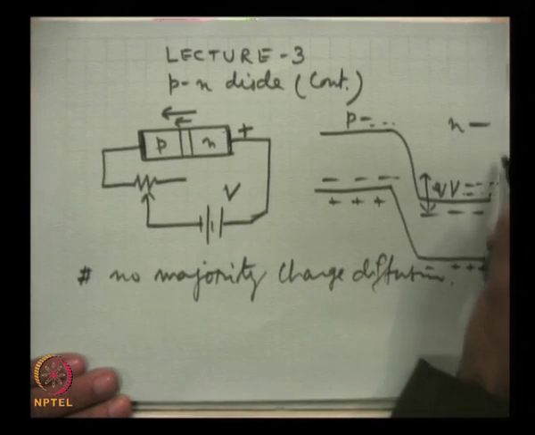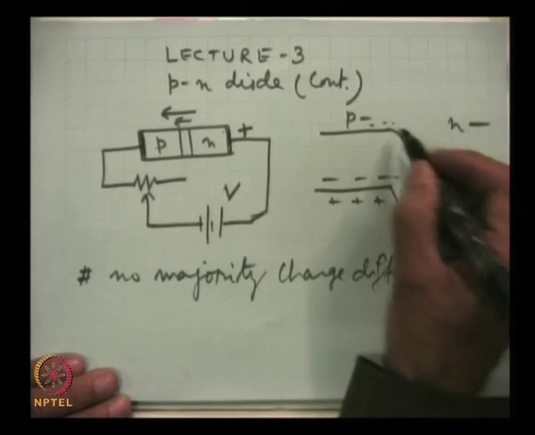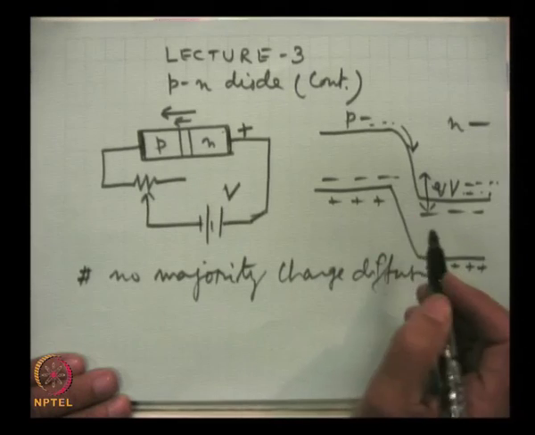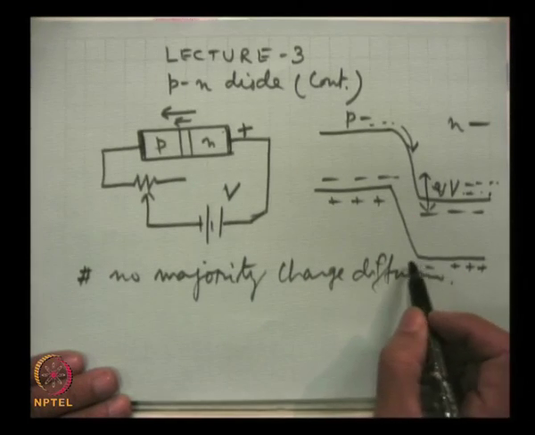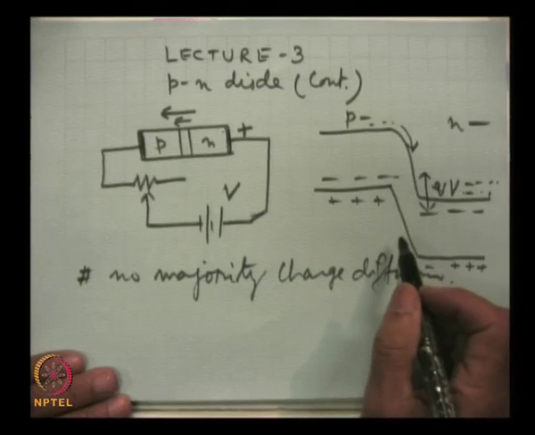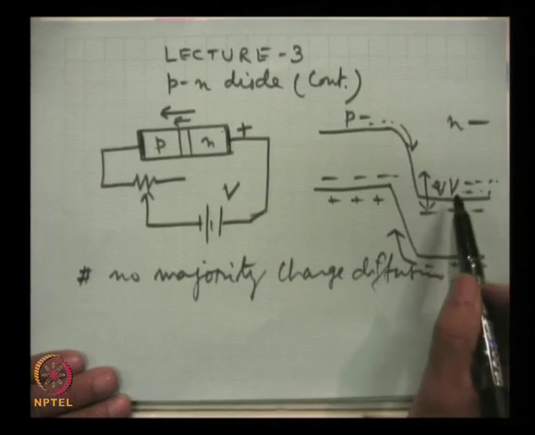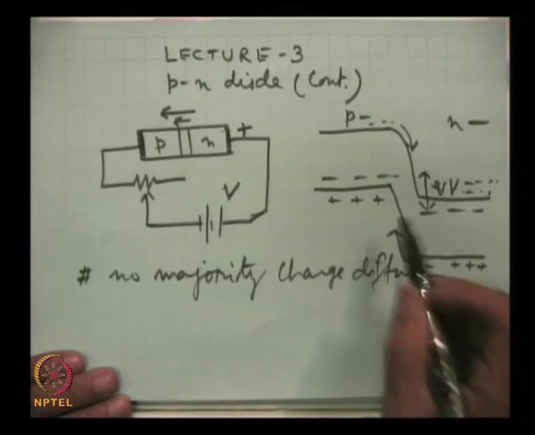Mind it, this is the positive side, this is the negative side, and hence these electrons will drift under the field, and as you will remember, this is also a downhill for holes. So, these minority holes from the n side will drift under the applied field towards the p side.